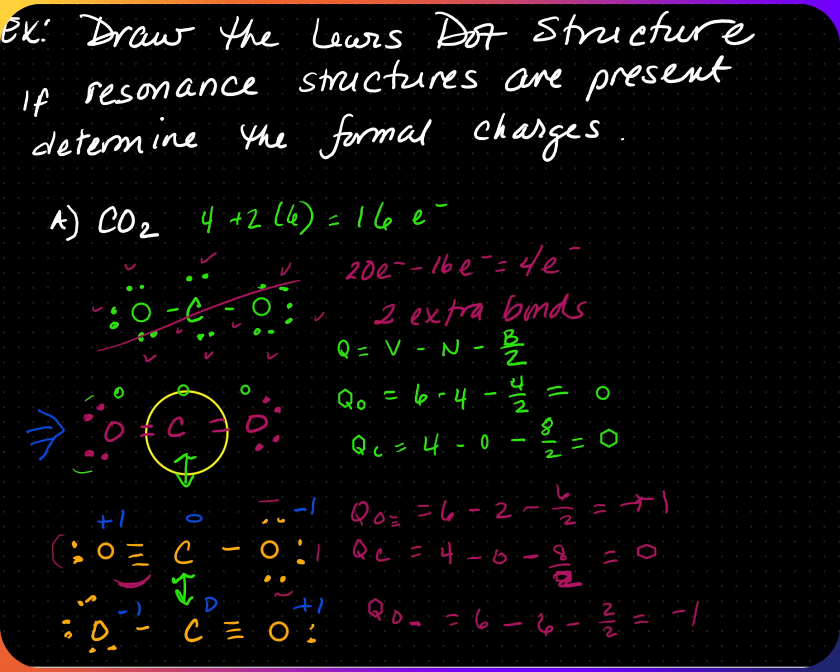This is why the top one is the most stable Lewis structure, because the formal charges are 0. The other two, the formal charges are higher than 0, and you want the negative to go to the more electronegative atom and the positive to go to the least electronegative atom.